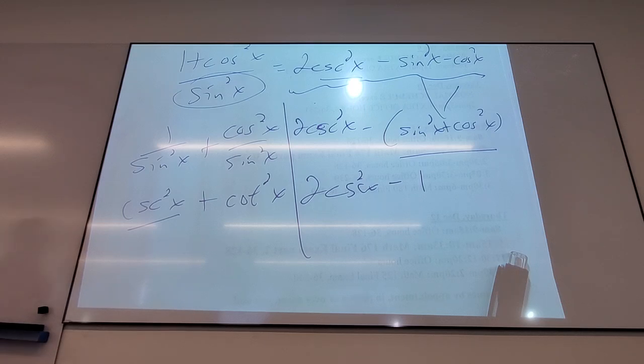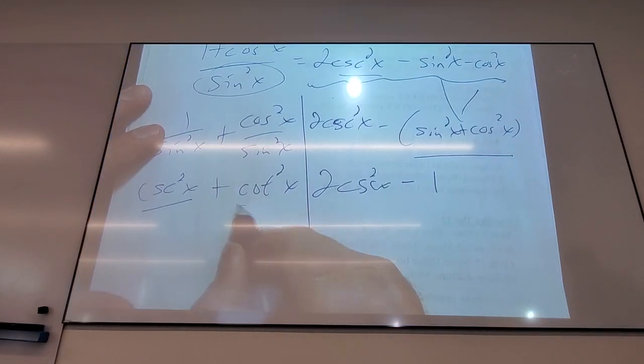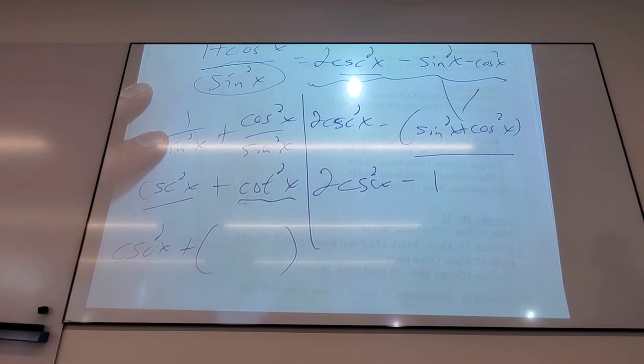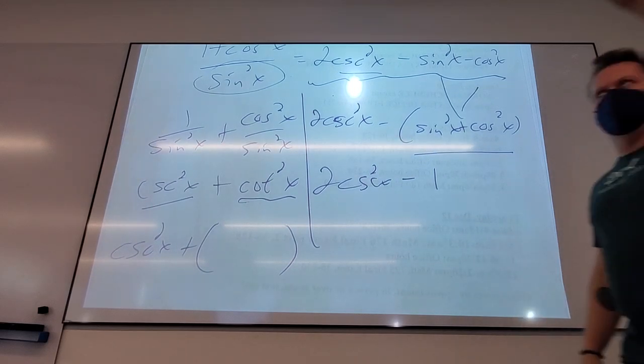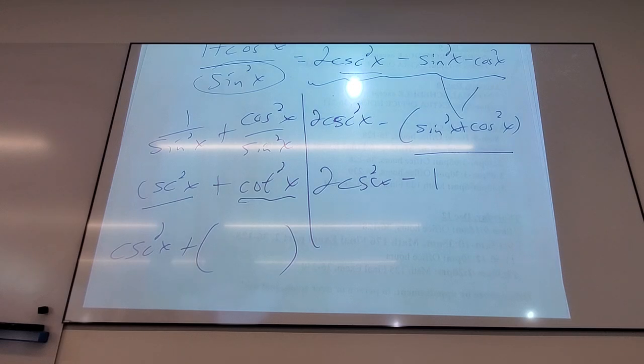So, can I replace this with something to do with cosecant squared? If 1 plus cotangent squared is cosecant squared, what is cotangent squared equal to? Cosecant squared minus 1.